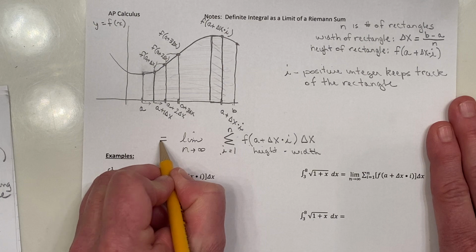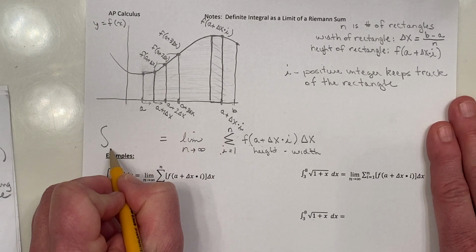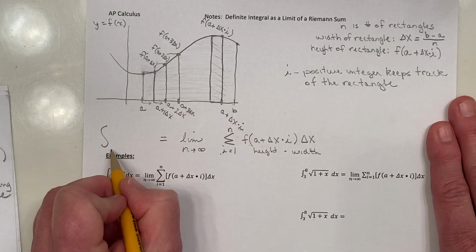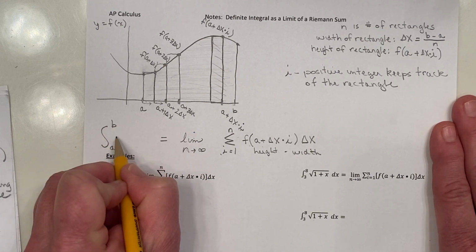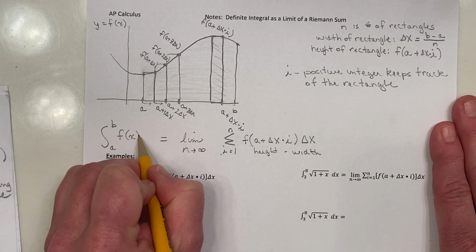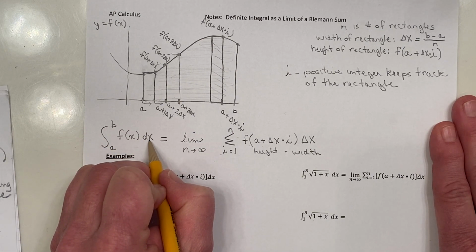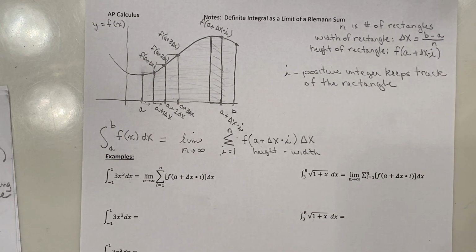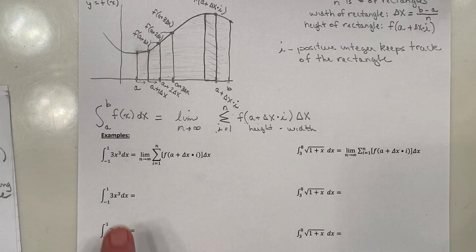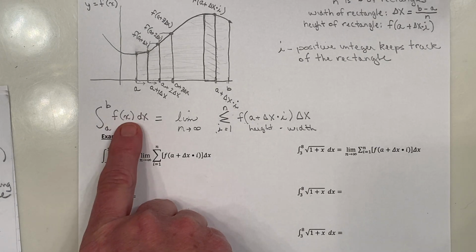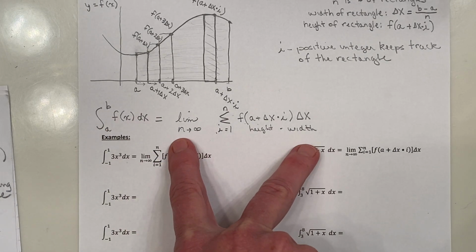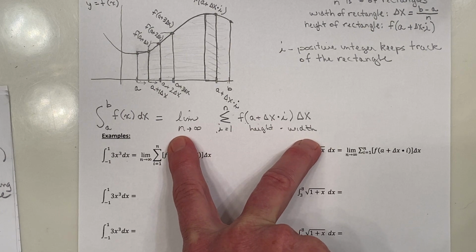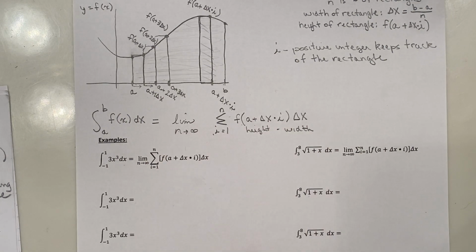So all of this is equivalent to the definite integral from x equals a to x equals b of the function f of x with respect to x. Okay, our job down here in these examples is to take definite integrals such as this and rewrite them as a limit of a Riemann sum. So we're going to look for some structure.